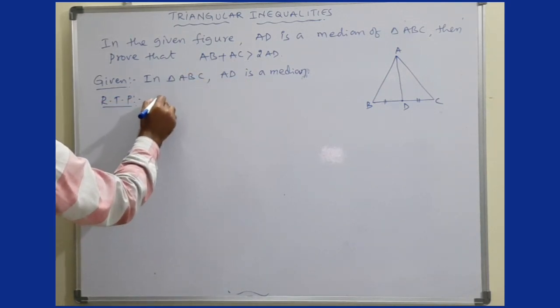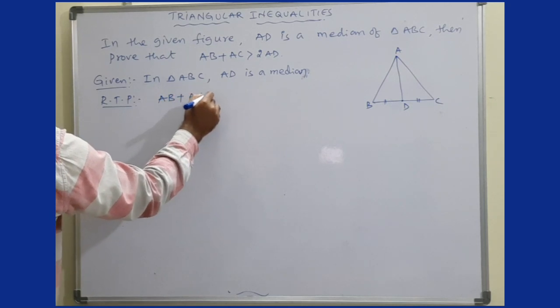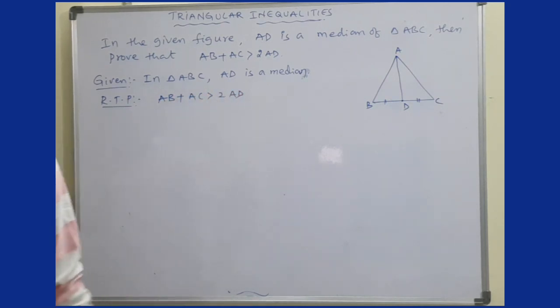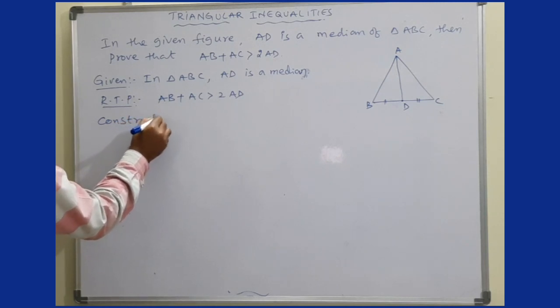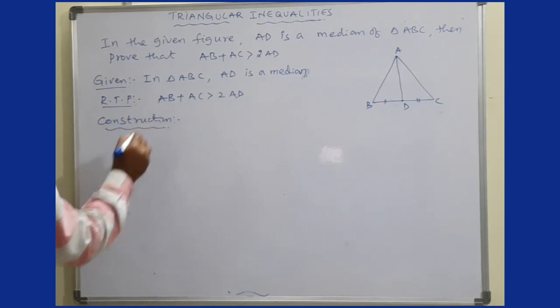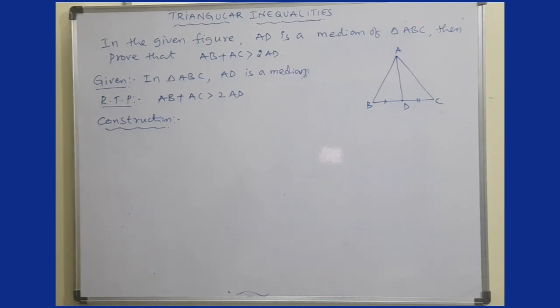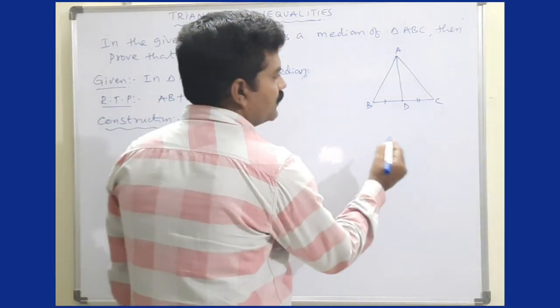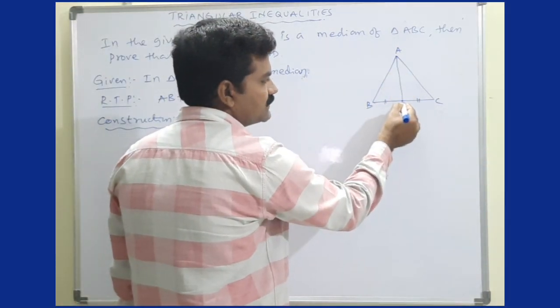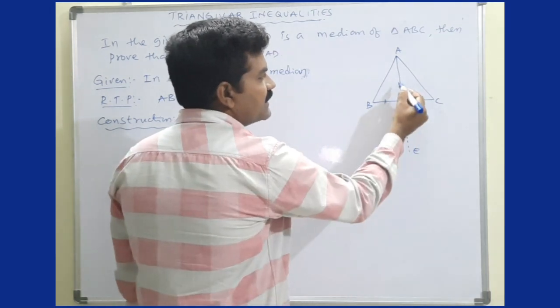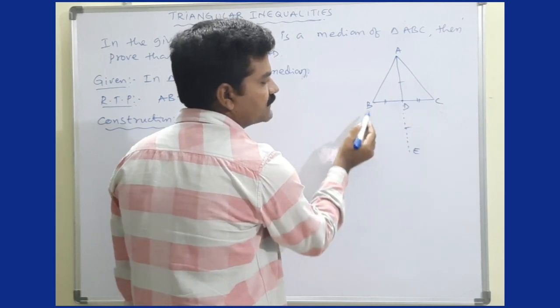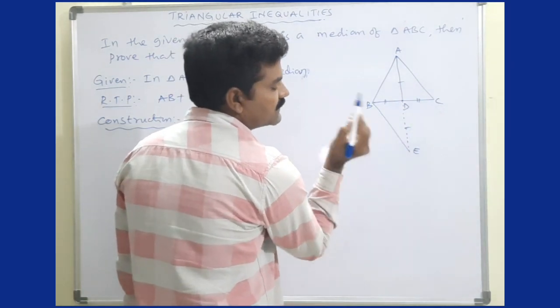Very clear, AB plus AC is greater than 2 into AD. So look at the construction part here. What to do? Do one thing, produce this AD to some point E, in such a way that AD is equal to DE, and also join BE.